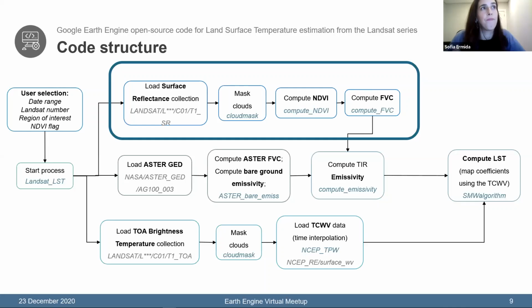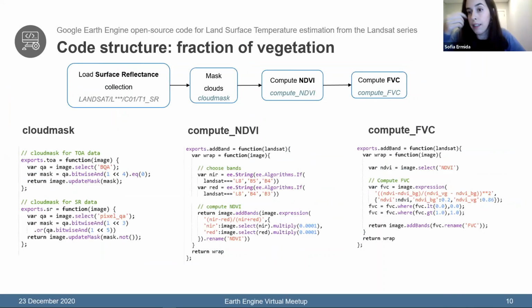I'm not sure if all of you are familiar with this. It is simply an index used to establish how green the vegetation is. In this case, emissivity is very sensitive to contrasts between vegetated and non-vegetated areas.